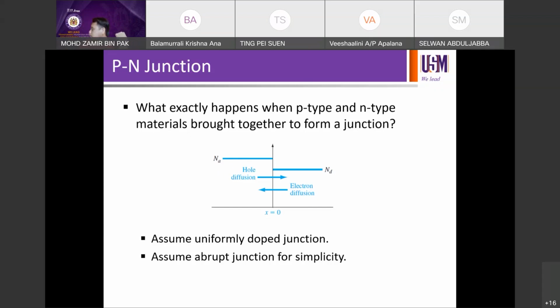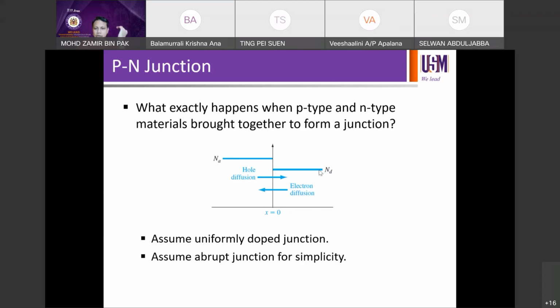What does abrupt junction mean? It means the junction here is square shaped. The profile, if you look at this Na, is this much, and the moment you move into N-type, you assume it drops like that, a sharp drop in the profile, square shape, like a pulse profile.